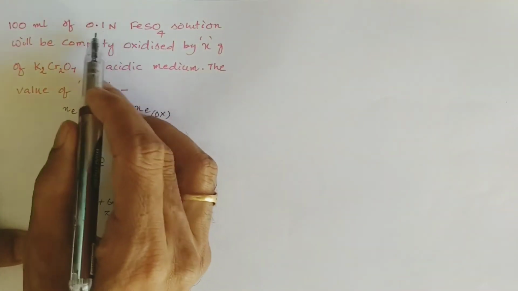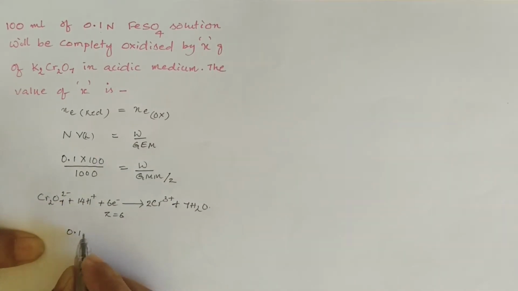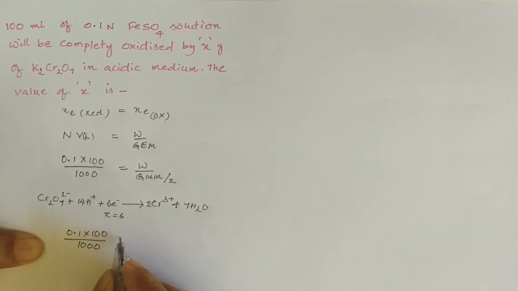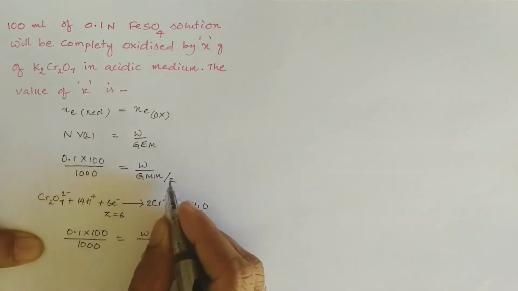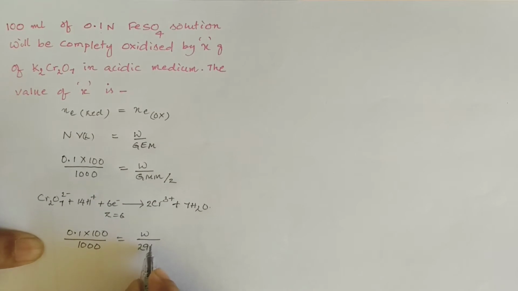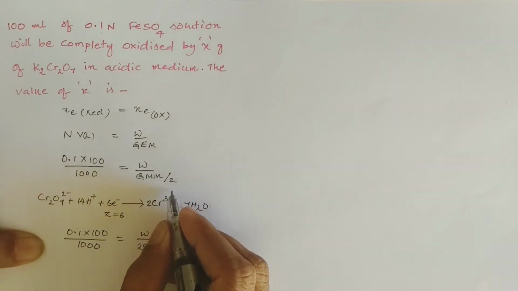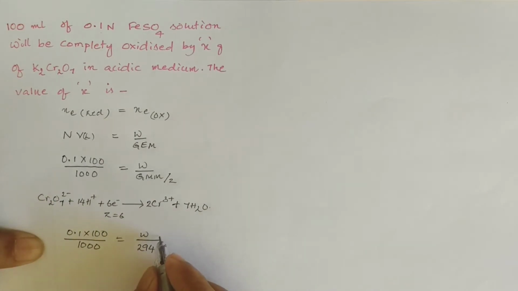that is utilized to oxidize this solution. Now 0.1 into 100 divided by 1000 is equal to mass of potassium dichromate divided by gram molar mass of potassium dichromate, that is 294, and the Z factor is 6, right? 6 electrons are utilized. So 6 will cancel, giving 49 here.